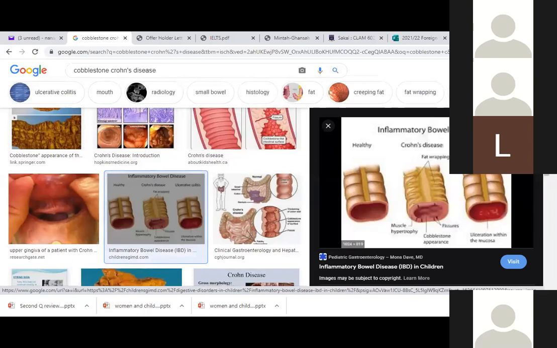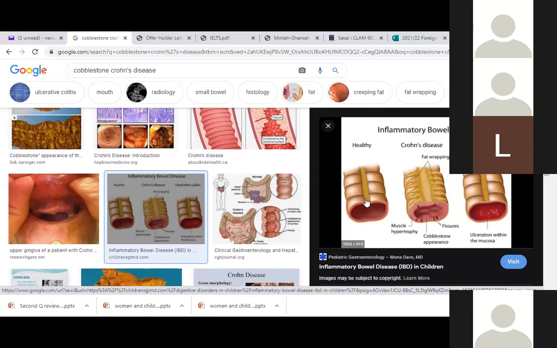We'll be talking about ulcerative colitis pretty soon. With this picture you can see the normal healthy bowel here. And what we talked about was Crohn's disease, where the inflammation goes way beyond the inside and extends to the outside.